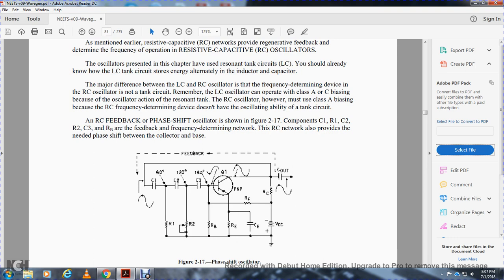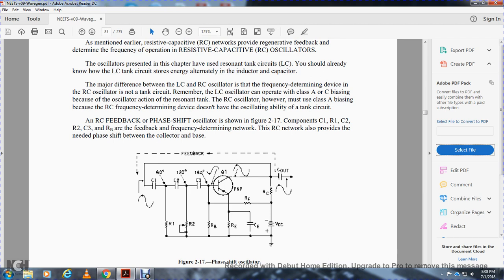Alright, so capacitor 1 and resistor 1 give a 60 degree phase shift. Capacitor 2 and resistor 2 give 180 degrees of phase shift. Capacitor 3 and the bias resistor, along with the voltage across the capacitor at the base and emitter of the transistor, make up the 360 degrees.